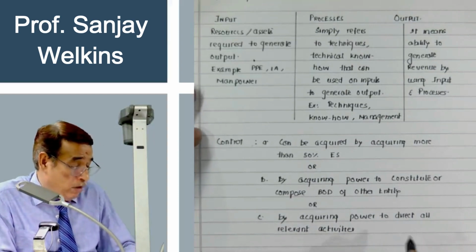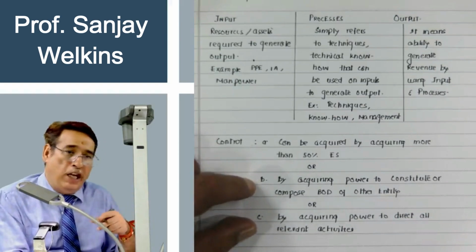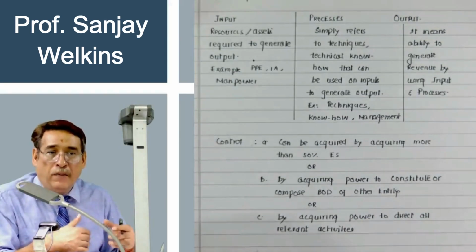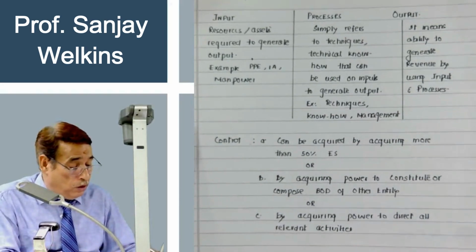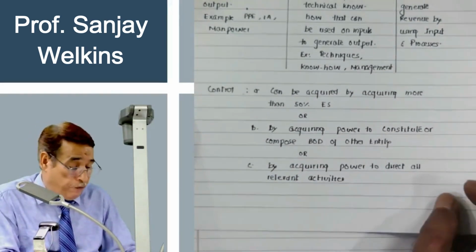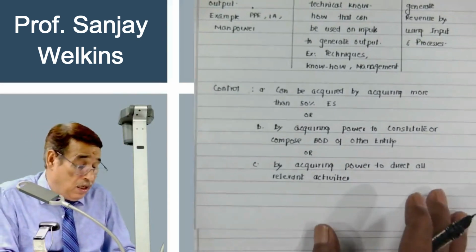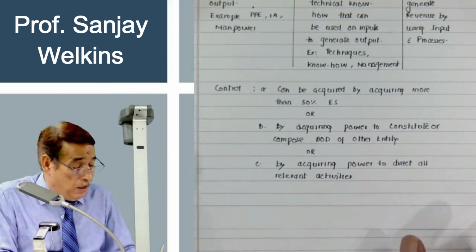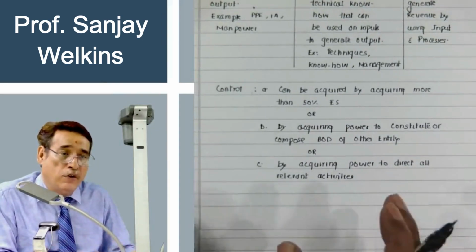So sometimes we may get power. Actually, in these two cases, power will accrue to us only through some agreements. Sometimes there is an agreement between the acquirer and acquiree. So even if my investment is less than 50%, if there are some agreements like this, in that case the acquirer will be in the driver's seat and it will be considered as if the acquirer has the control of the other entity.